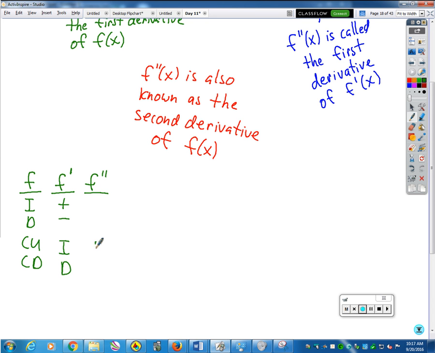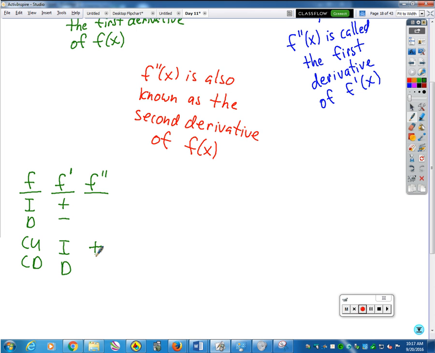Positive again. You see the match? You have a function, that function's increasing, the derivative will have positive y coordinates. Same idea with a different function. The relationship is identical.